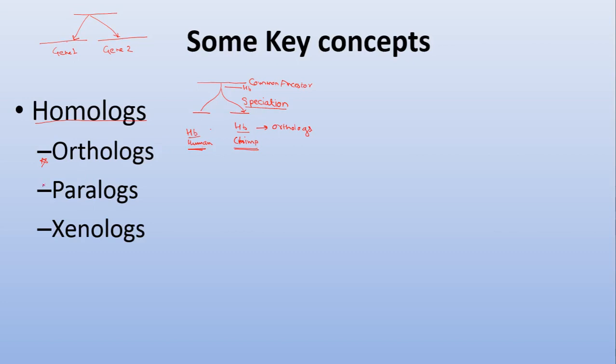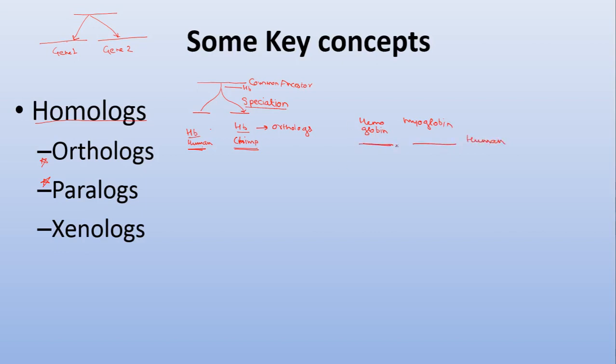Now let us talk about what paralogs are. One can define paralogs as a set of genes that perform different functions but in the same species. So genes performing different functions in the same species are called paralogs of each other. A typical example would be hemoglobin and myoglobin in human, right?